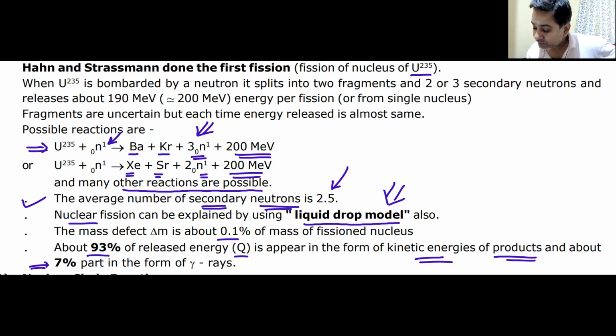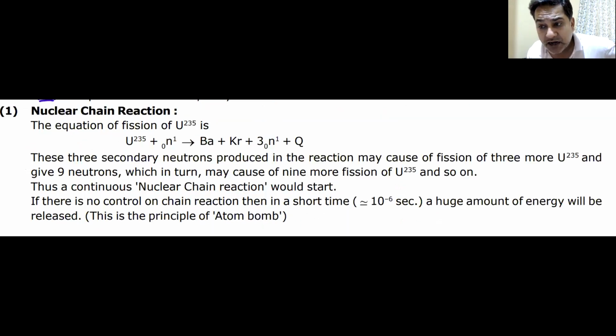Then next heading, you just have to read this, is nuclear chain reaction. And a nuclear chain reaction is very simple. We have already seen it. I will bombard uranium U-235 with 1 neutron. At the end, I will get some product, and we will get 3 neutrons which are produced.